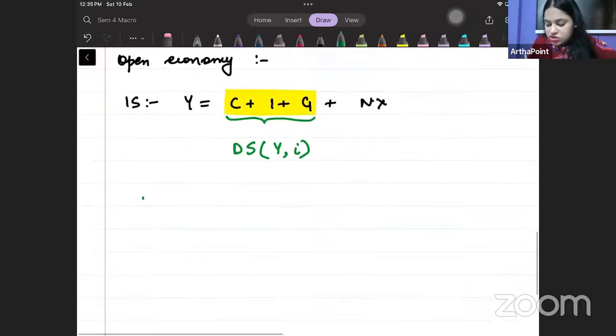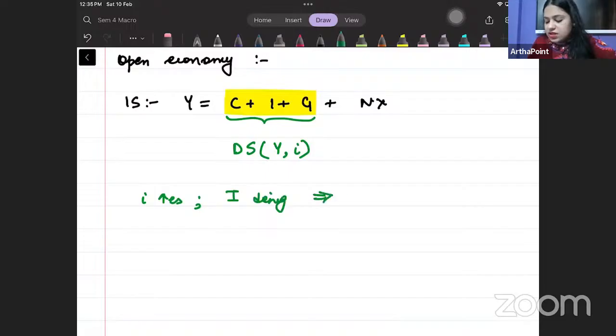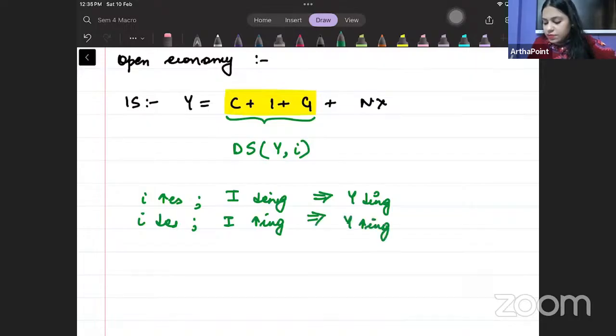When the interest rate was increasing, investment was decreasing, and when investment was decreasing, income was decreasing. When the interest rate was decreasing, investment was increasing, and when investment was increasing, income was increasing. So this domestic spending part is a function of income and interest rate.